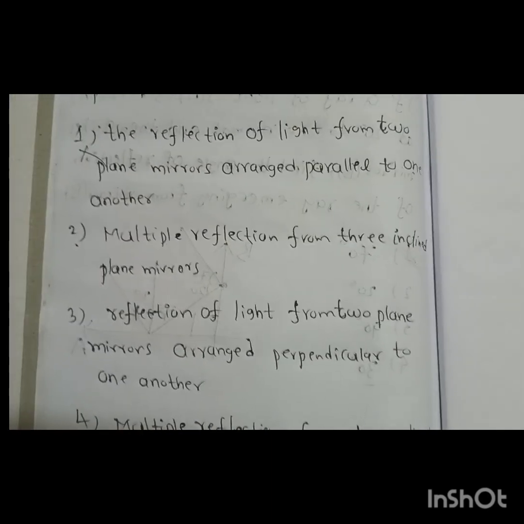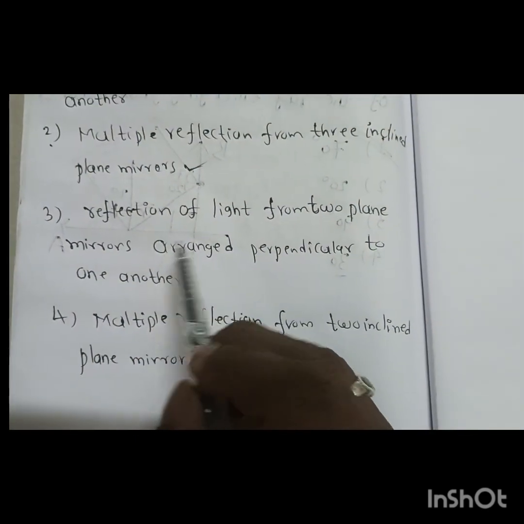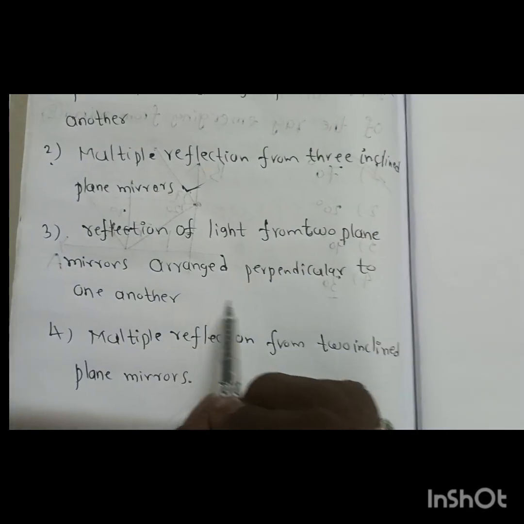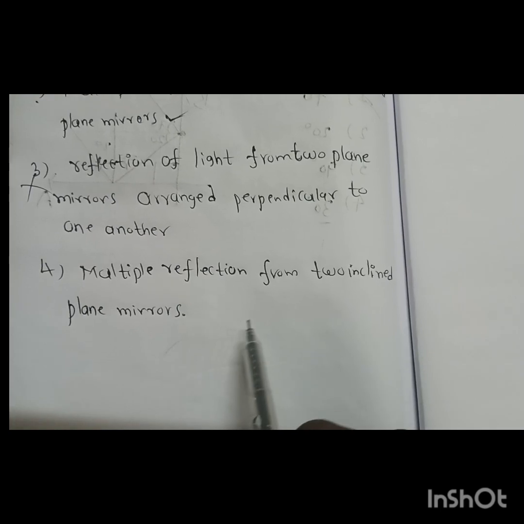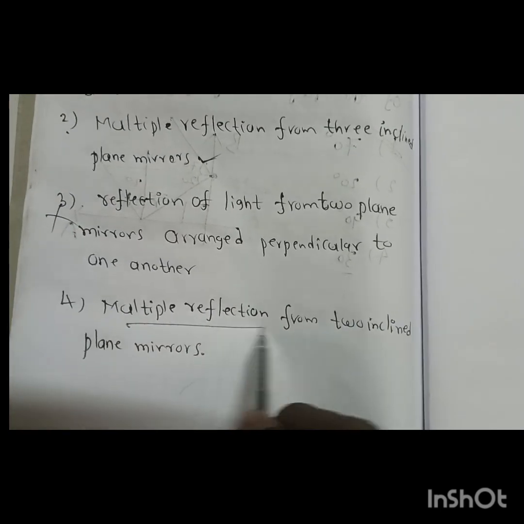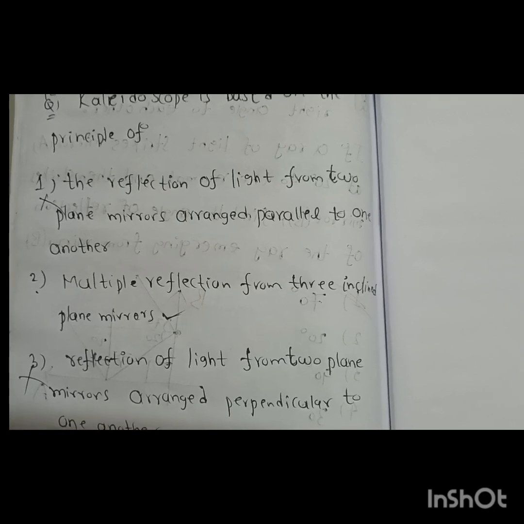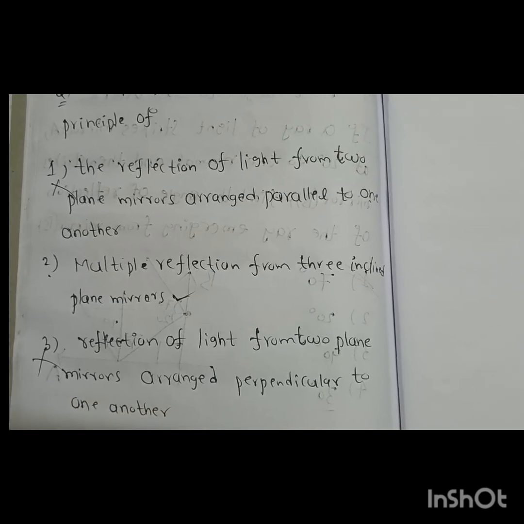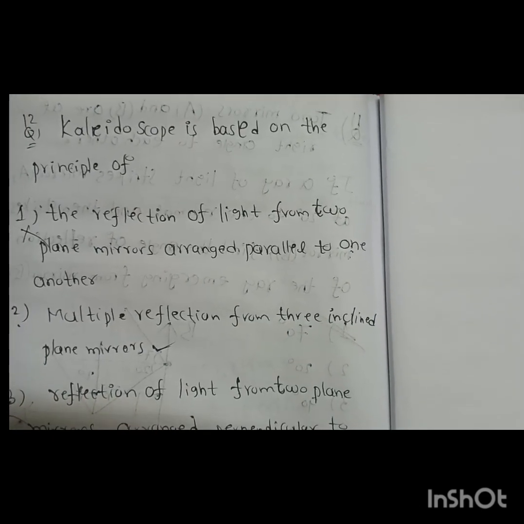Next, multiple reflection from three inclined plane mirrors: yes, of course. Reflection of light from two plane mirrors arranged perpendicular to one another: no. Multiple reflection from two inclined mirrors: multiple reflection is correct, but not with two inclined mirrors, so this is also wrong. Hence, multiple reflection from three inclined plane mirrors is the correct answer for what the kaleidoscope is based on.